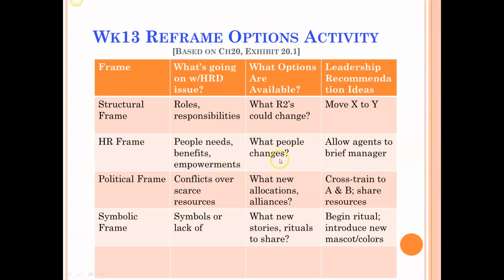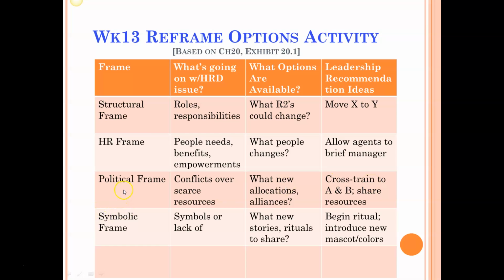So what people changes do we need to make to allow X group of people, say our tellers or our call center folks, to be empowered to bring attention to X and address the communication issue? Perhaps we're going to allow the agents to brief the manager on a weekly basis so that we've addressed that issue, or some other such leadership recommendation idea that you're going to put forward in your synthesis reframe. But first, we're going to offer this up in this simple chart.